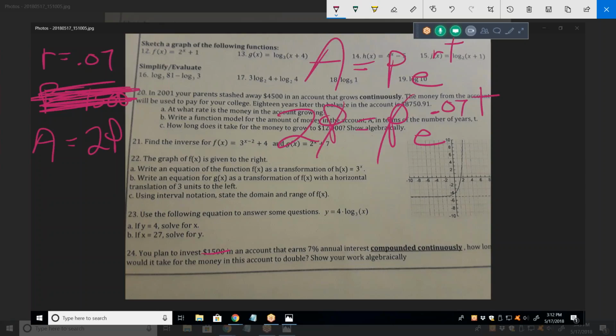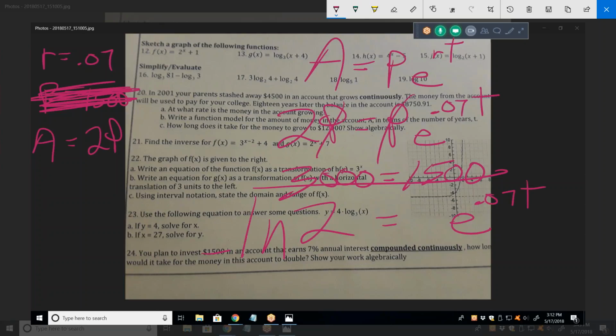And if I do it the hard way, well, not the hard way, but the other way, I still get the same thing because the first step is to divide by 1,500, and I get 2 on the left. And now on the right, I get this. And these are getting pretty natural for you. That's what T is going to be.